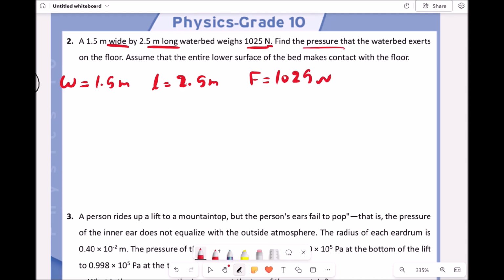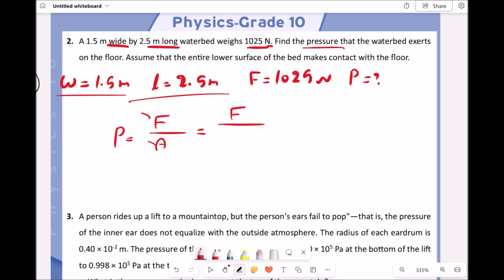It says find pressure. So P is equal to what? Pressure is equal to force divided by area. Now, do I have the force, guys? Yes, I have the force. Do I have area? No. Area is equal to what, guys? It's equal to width multiplied by length.